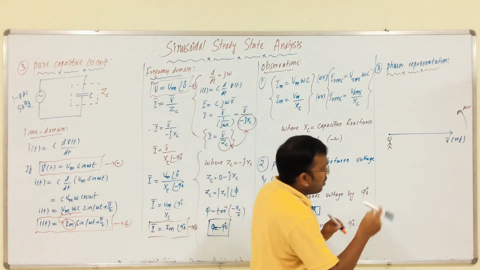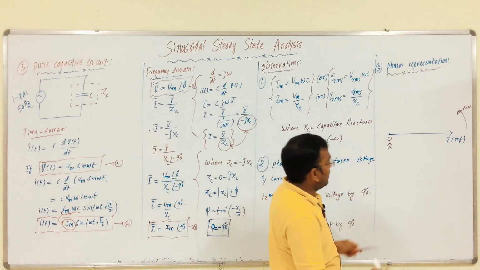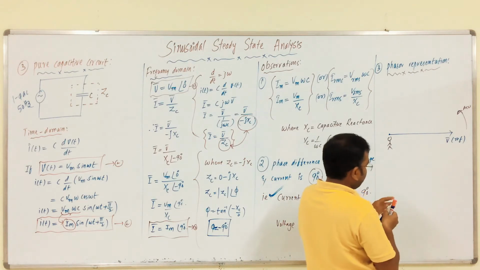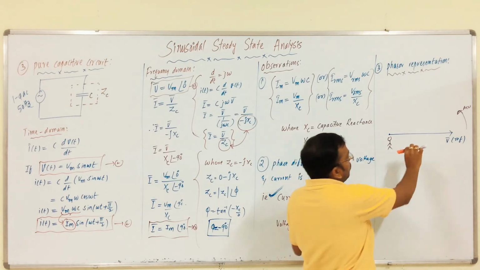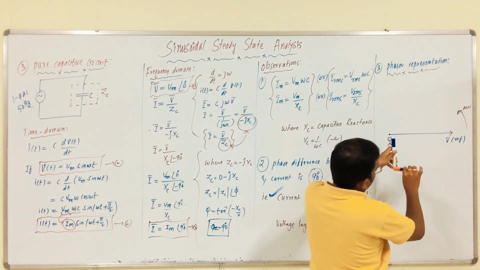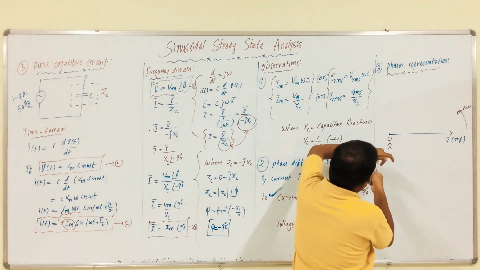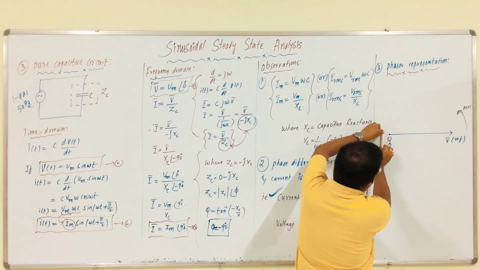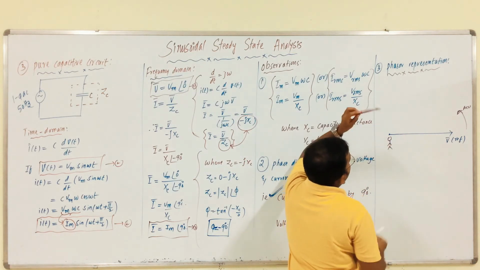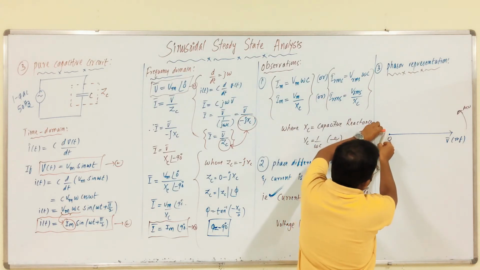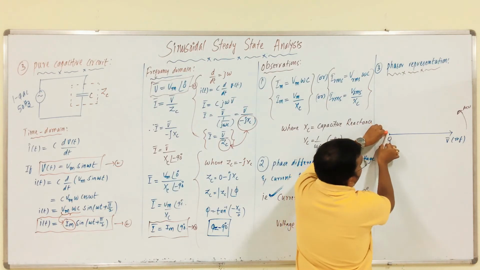So this is voltage, this is current. The first vector crossed by the observer is the leading one, which is the current.